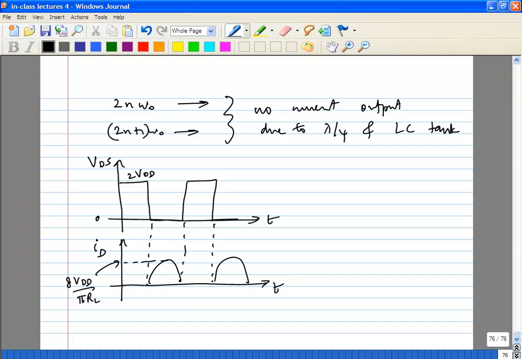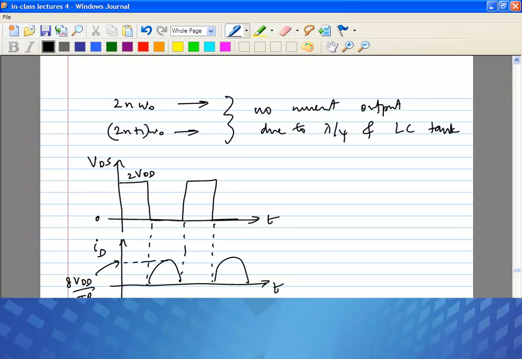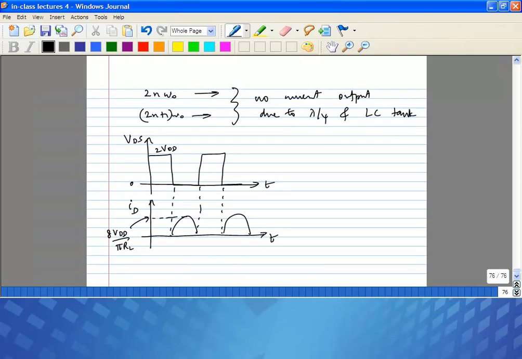All you have to do is find out the fundamental, which is just 4 by pi times the amplitude. Amplitude is VDD, right? It's actually fairly straightforward. So now you can find your efficiency.